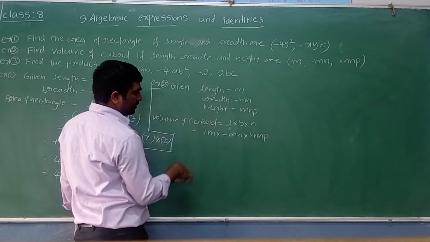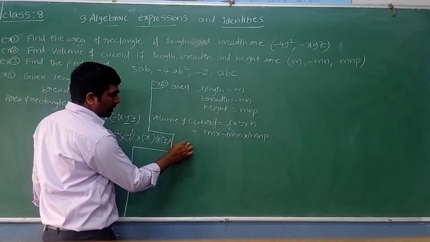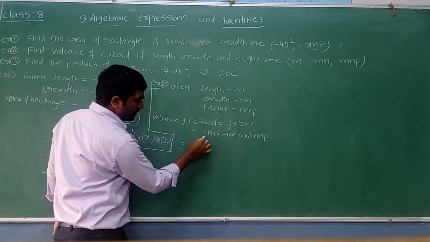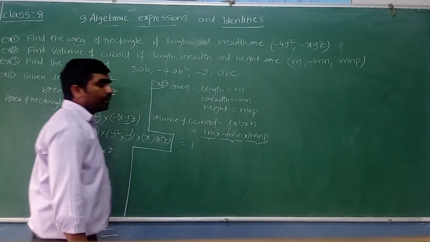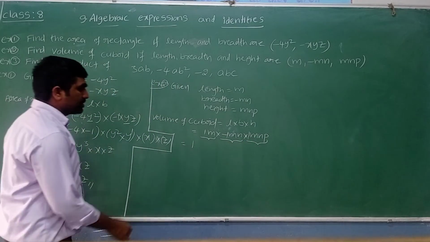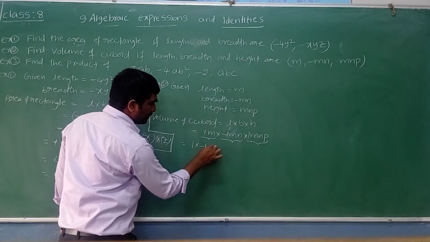No coefficient here, so 1. To multiply the monomials, first multiply constants: 1 into minus 1 into 1.